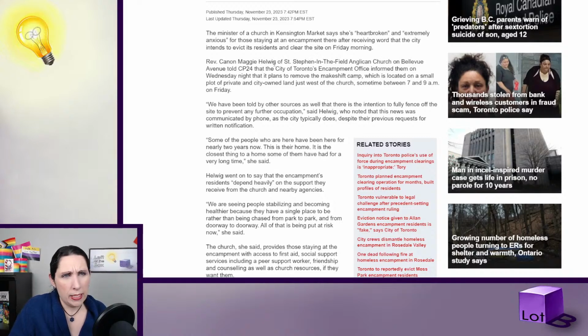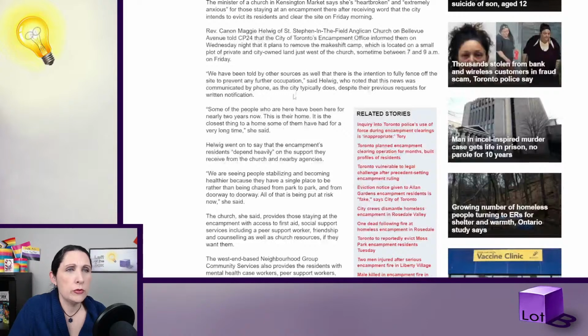Reverend Canon Maggie of St. Stephen in the Fields Anglican Church on Bellevue Avenue told CP24 that the City of Toronto Encampment Office informed them on Wednesday night that it plans to remove the makeshift camp, which is located on a small plot of private and city-owned land just west of the church. We have been told by other sources as well that there is no intention to fully fence off the site to prevent any further occupation.